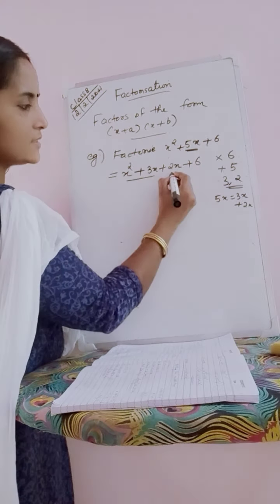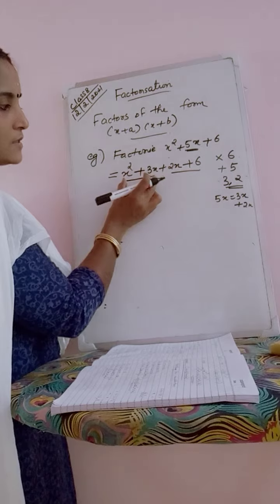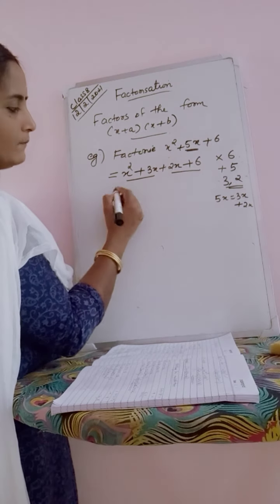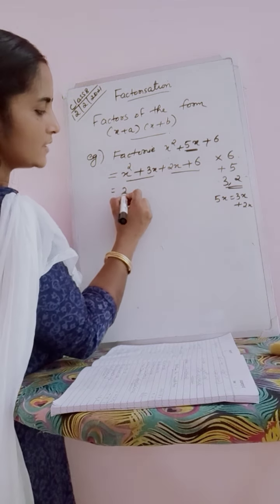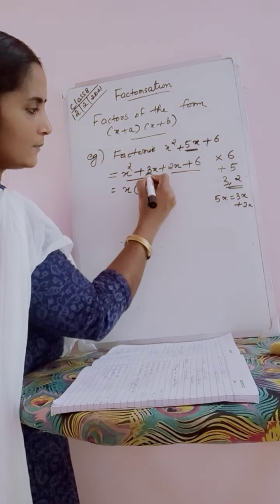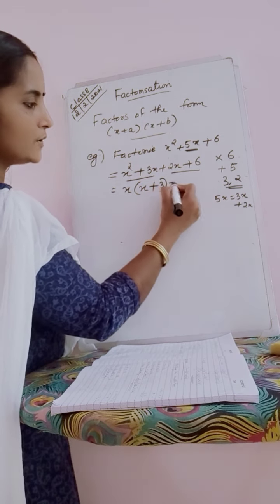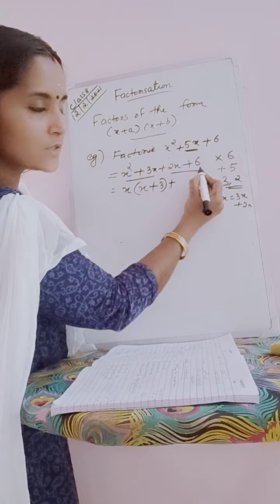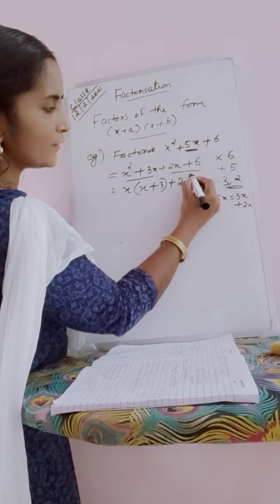Then the next step is pairing the terms. Take 2 at a time. Then x square plus 3x means x is a common factor. Take it outside, we get x plus 3. Then put this sign. 2x plus 6 means 2 is a common factor.